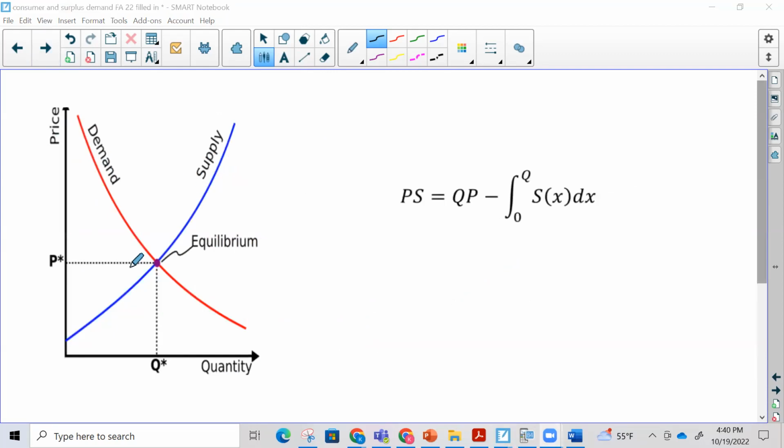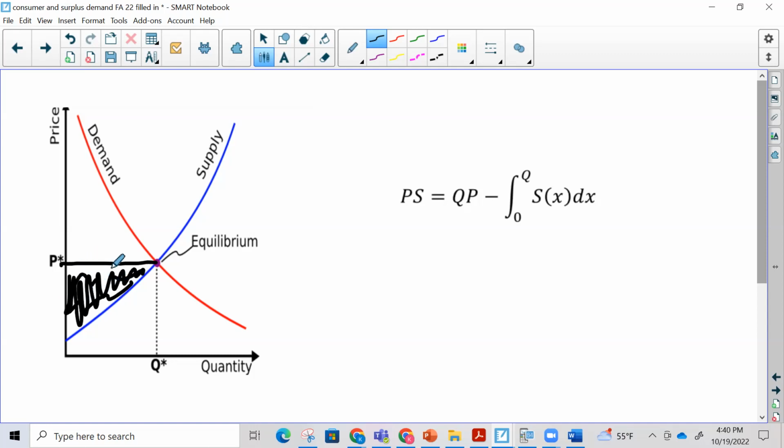So again, the area is above the supply curve. It's between the Y value of the point of equilibrium and the supply curve. So it's this region here. And again, we want to find the area of this region.